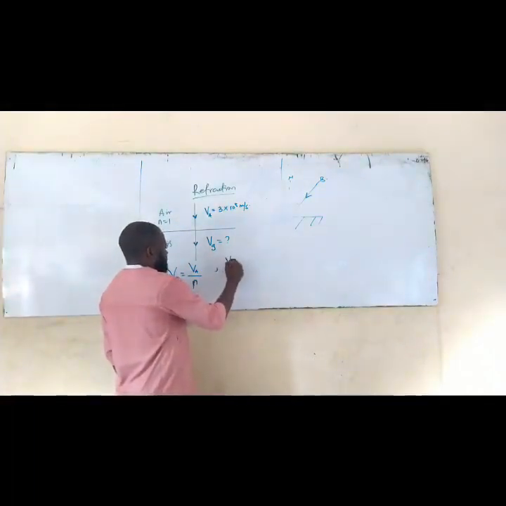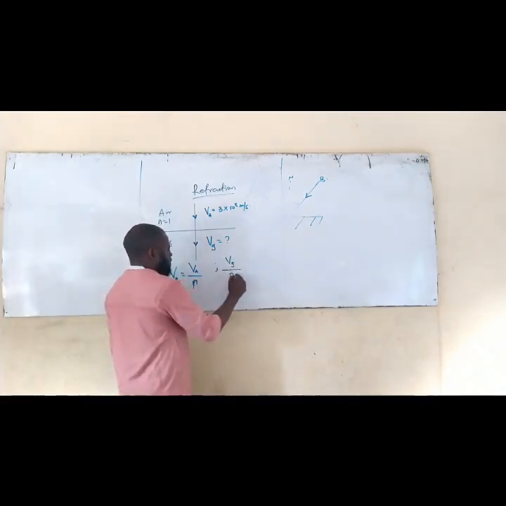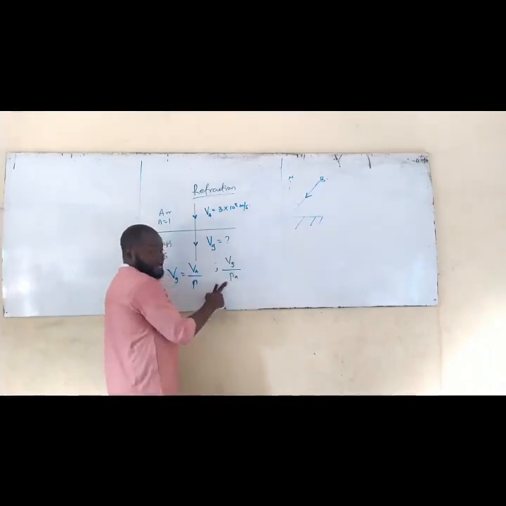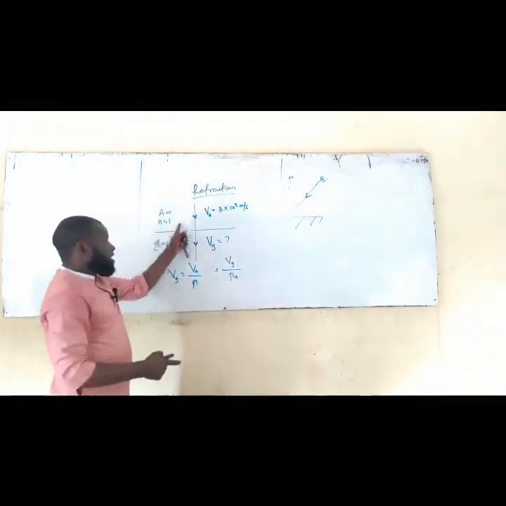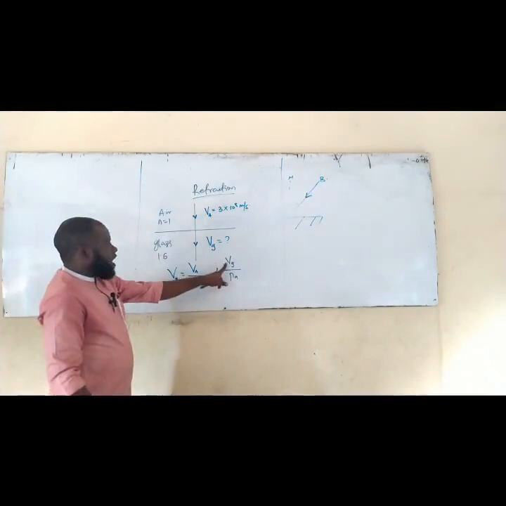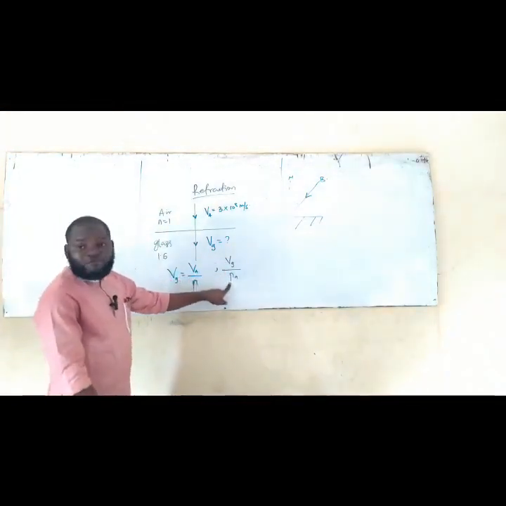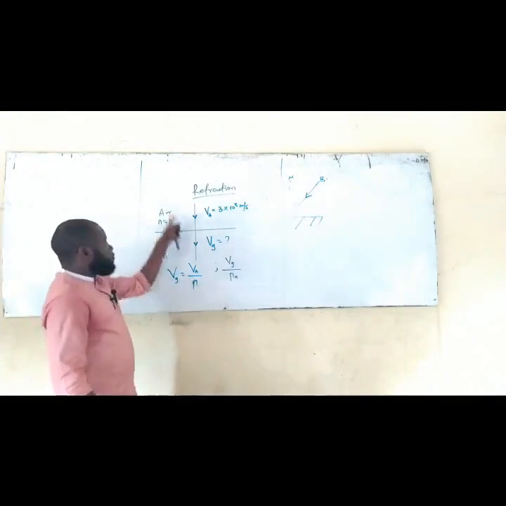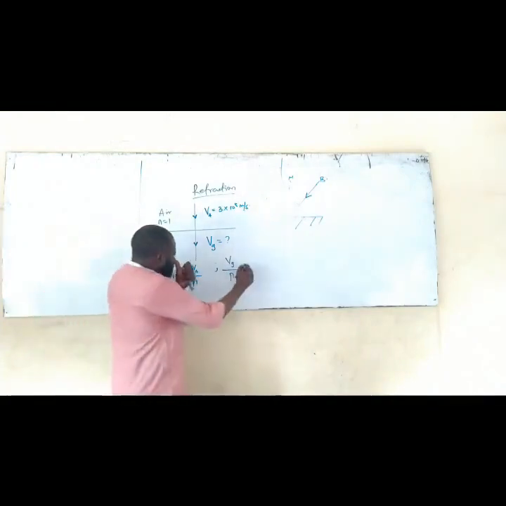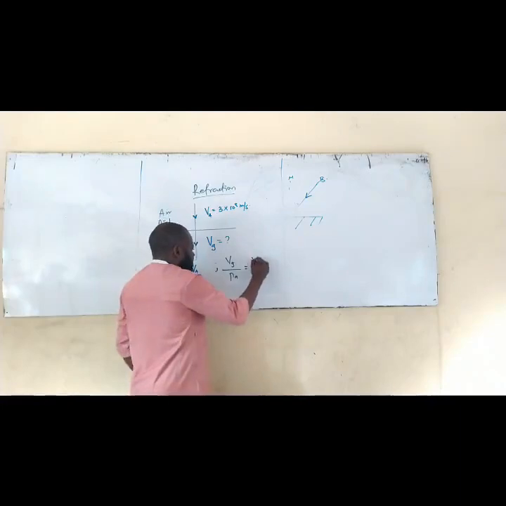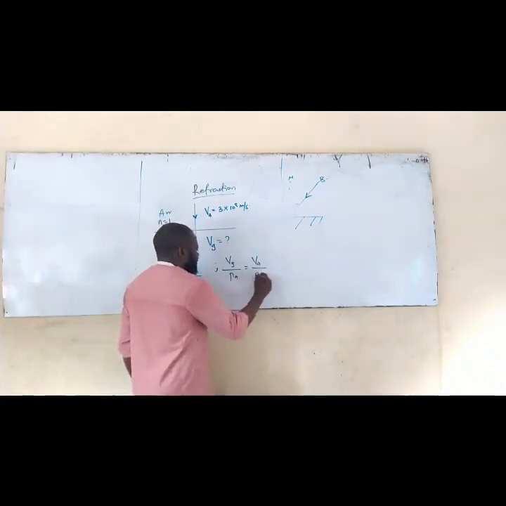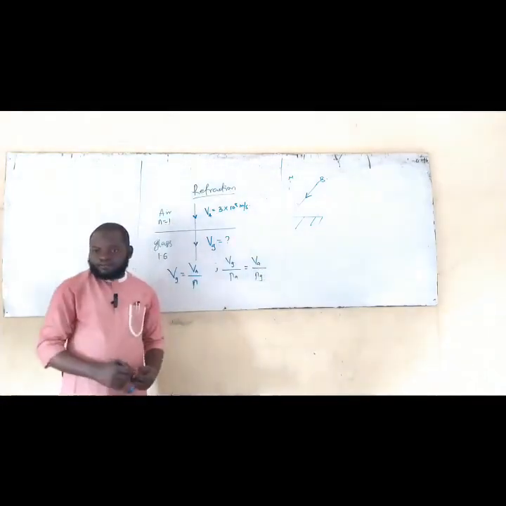If I have the velocity of light in glass divided by the refractive index of air, since light is coming from air to the glass, we have the velocity of light in glass divided by the refractive index of air, which is the medium where the light is coming from, equal to the velocity of light in air divided by the refractive index of glass.